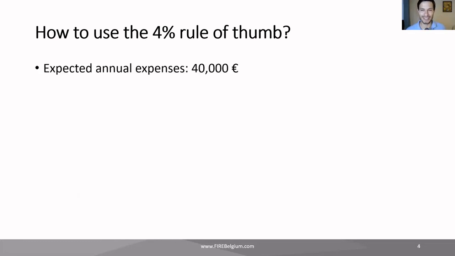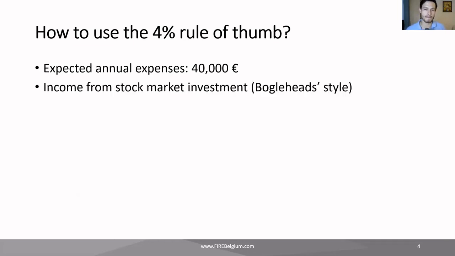Let's go for that. Expected annual expense. Here's an example, right? Let's imagine someone has annual expenses of 40,000 euros. It's a couple, and they live a pretty good life, so they have about 3,500 euros a month for expenses.